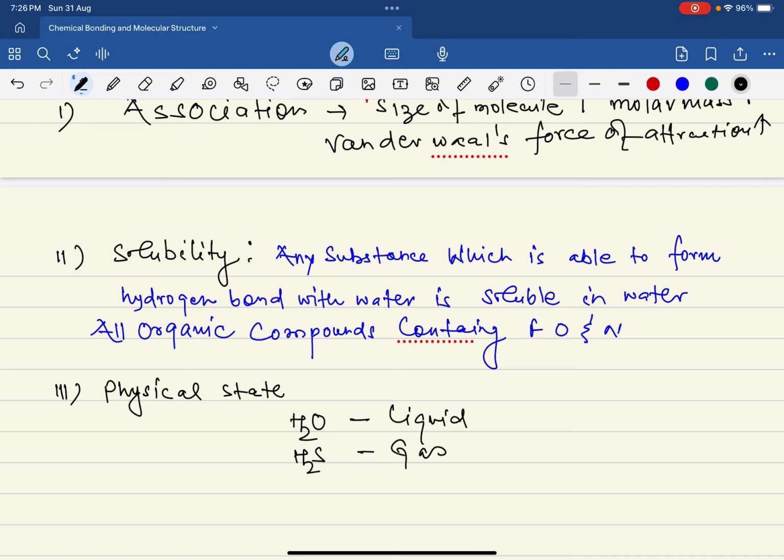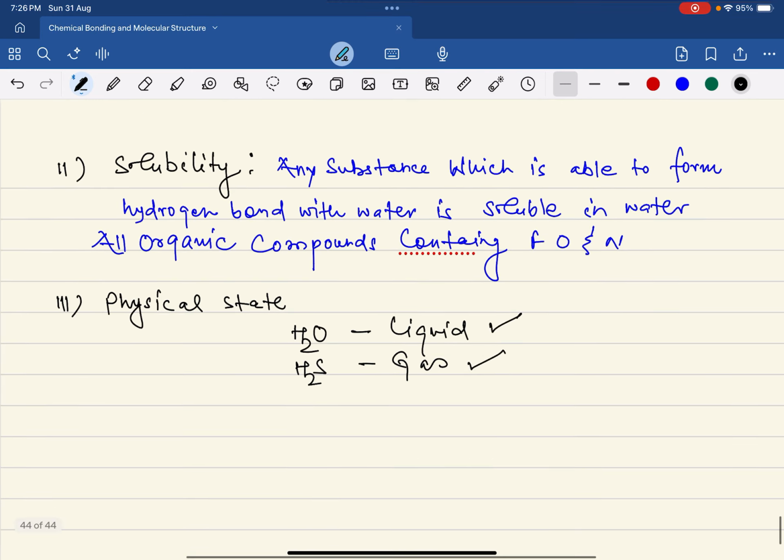Why? Due to hydrogen bonding. Water is able to form hydrogen bonding due to high electronegativity difference, but in H2S the bond between hydrogen and sulfur is less polar, so sulfur is less electronegative. So, in this case the state of water is liquid, but H2S is gas.